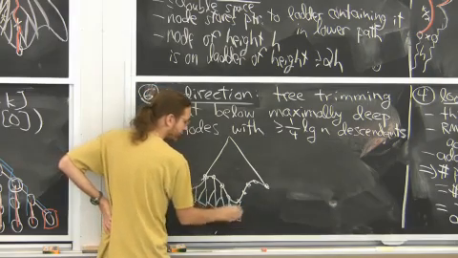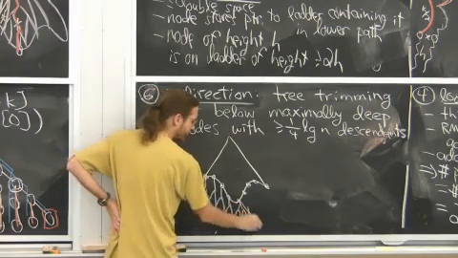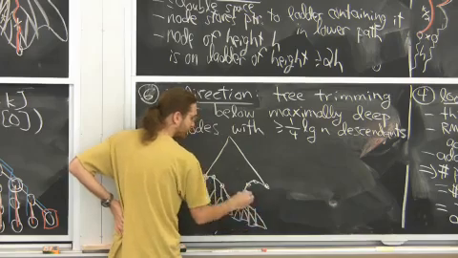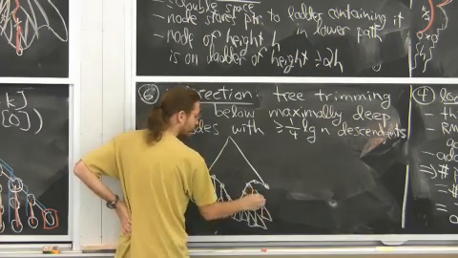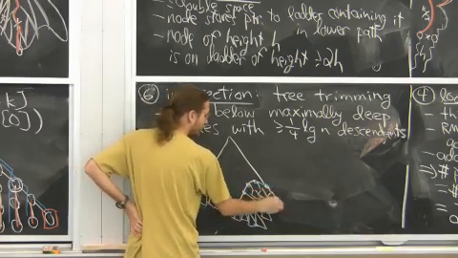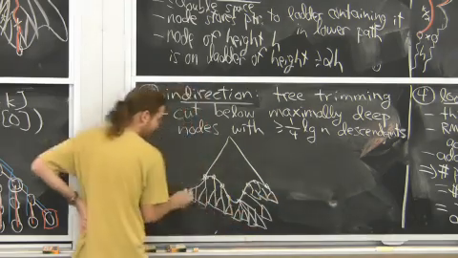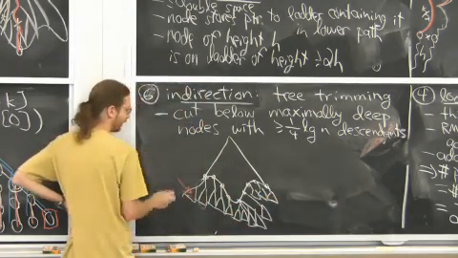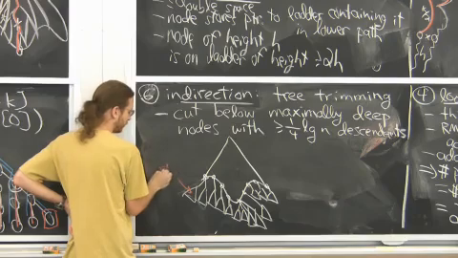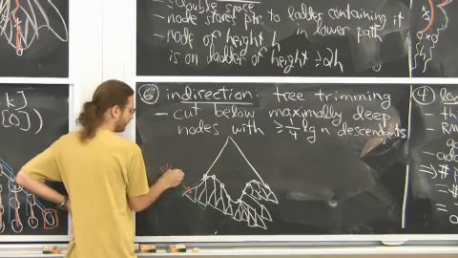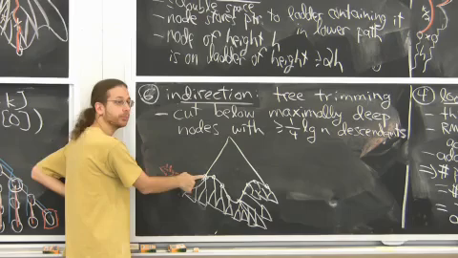But one of these nodes could have arbitrarily many children. We have no idea. It's an arbitrary tree. Okay, and what I know is that each of these triangles has size less than quarter log n, because otherwise this node was not maximally deep.